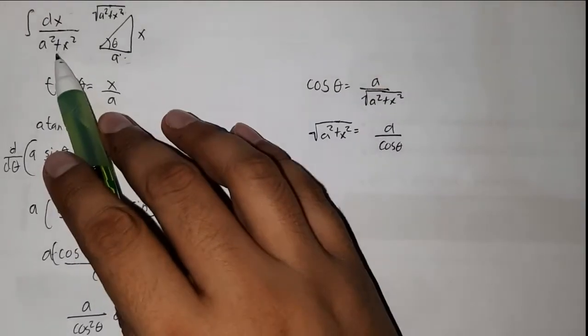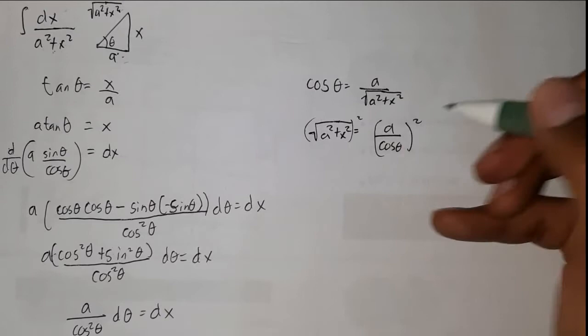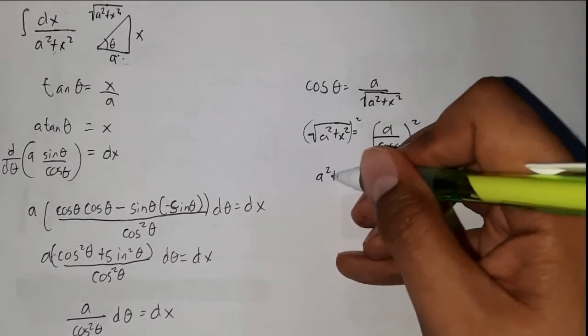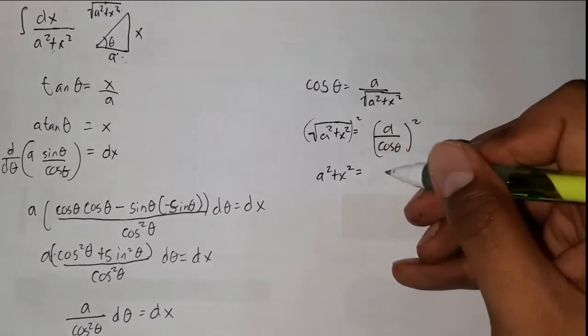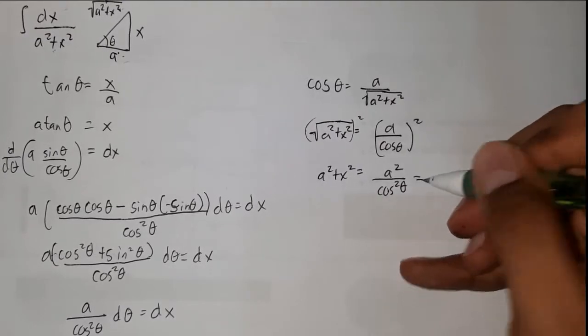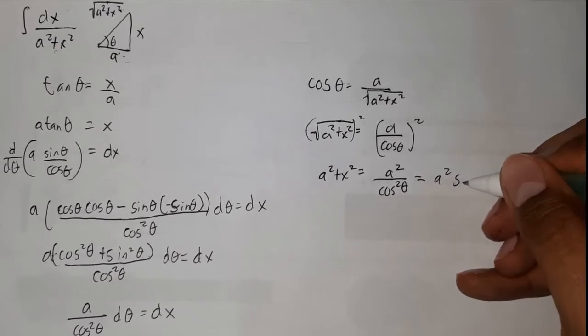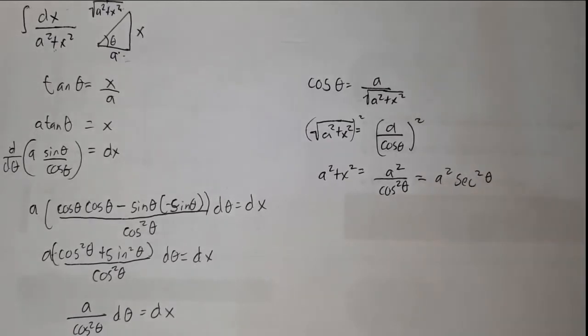Kailangan natin ay ito. So, square natin. A squared plus x squared equals a squared over cosine squared theta. So, ito ay a squared secant squared theta.